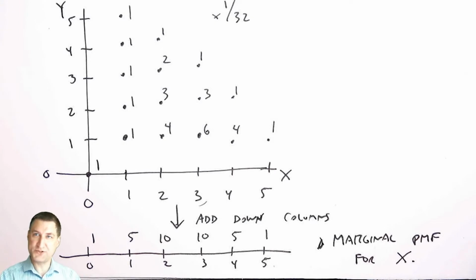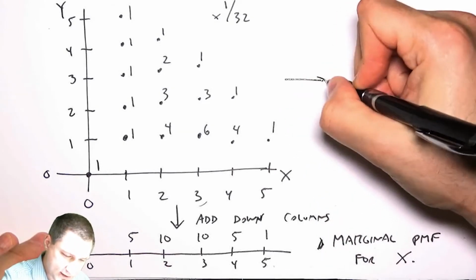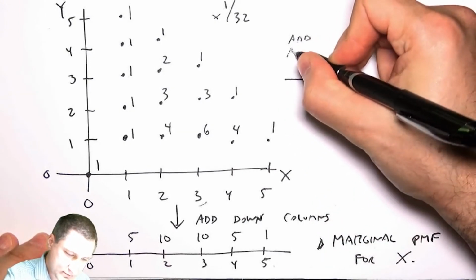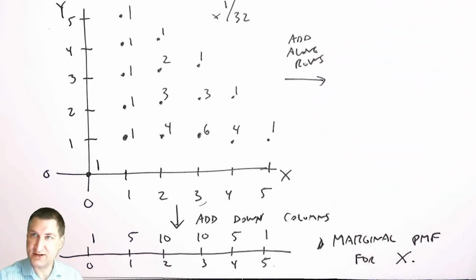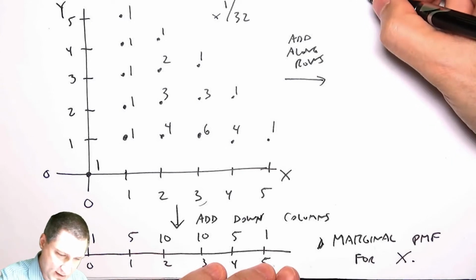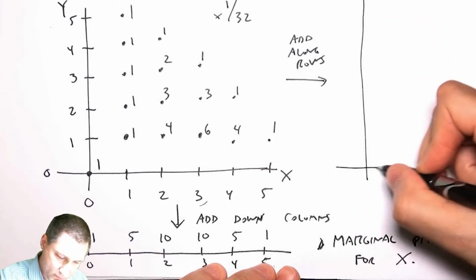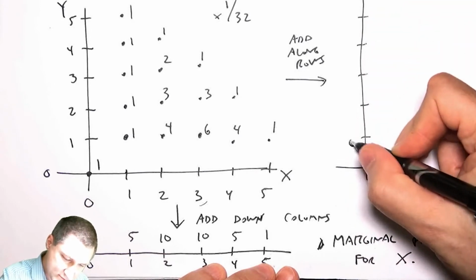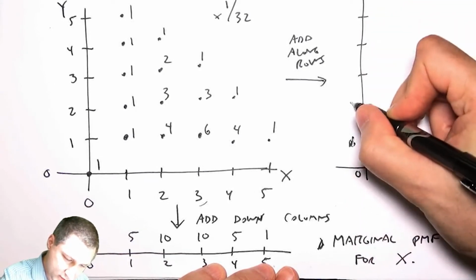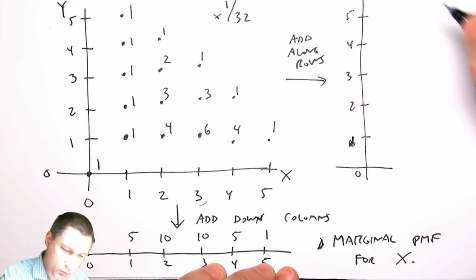Similarly, if I wanted to know just what's happening in Y, I could add along the rows. That is keeping Y constant and saying I don't care what's happening about X. And what would I get there? Here are my 0, 1, 2, 3, 4, 5. What are my PMFs going to be?